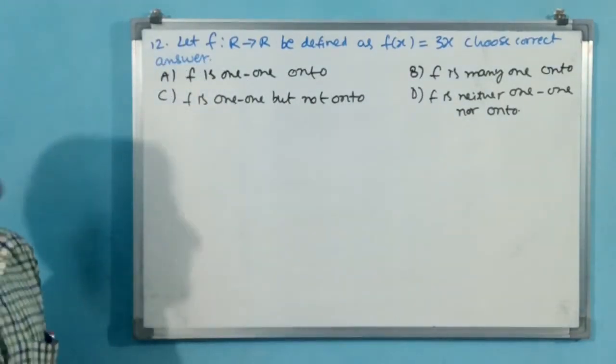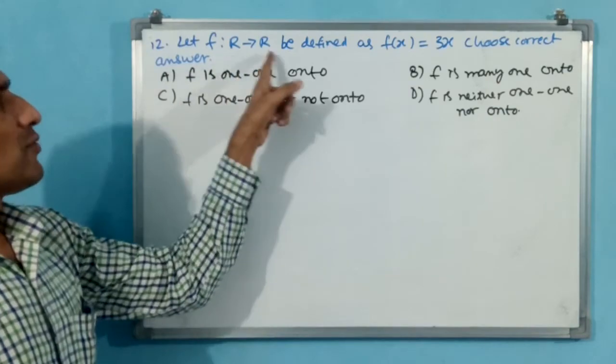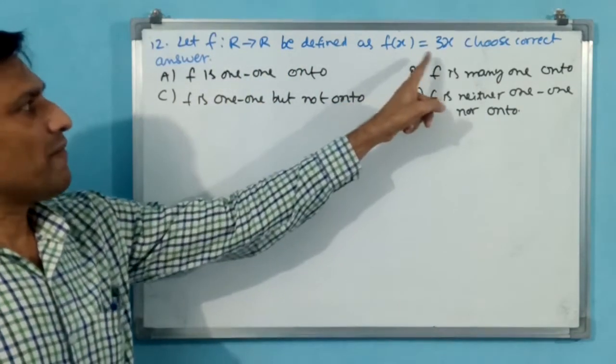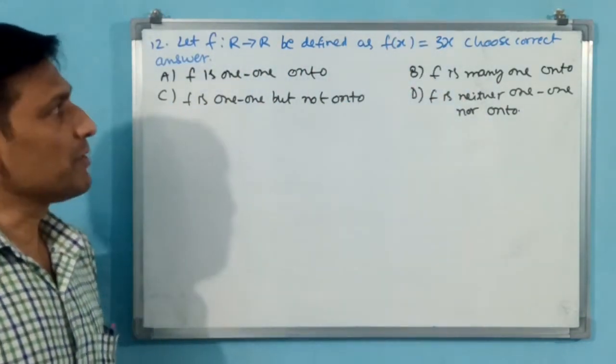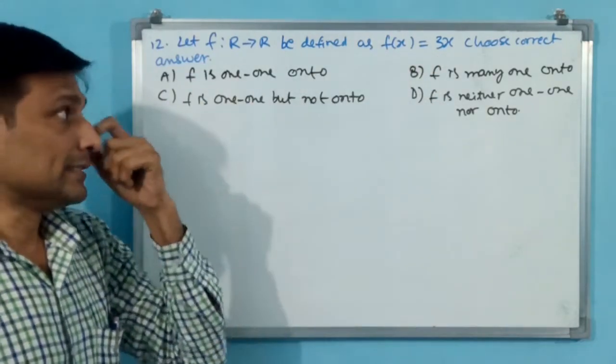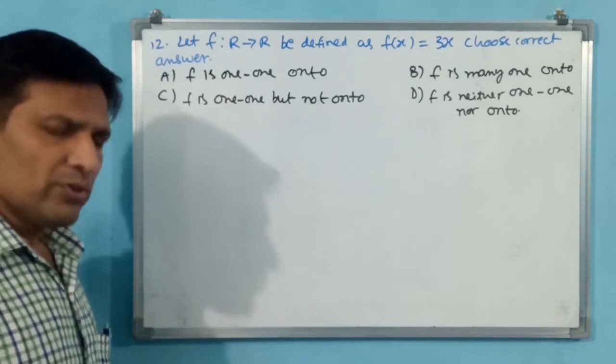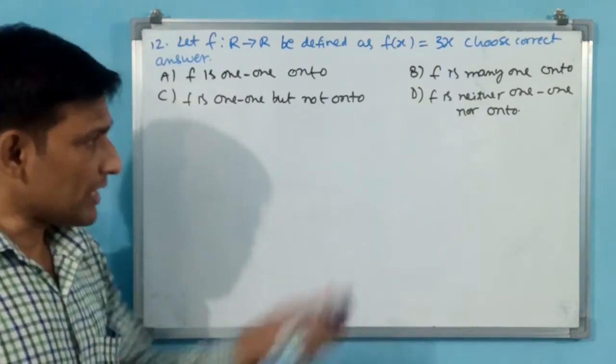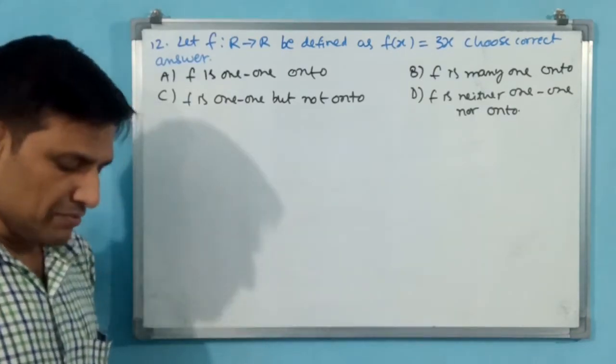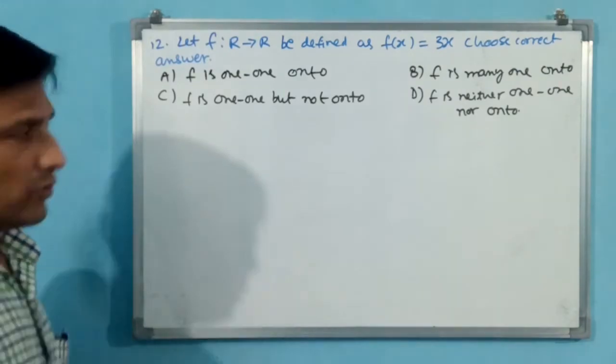See the 12th question. Let function R to R, f of x is equal to 3x. That means the function is 3x. Choose the correct answer. Okay, we know the formula. Now rather than the arrow diagram, the formula will be simple. With that formula we go.